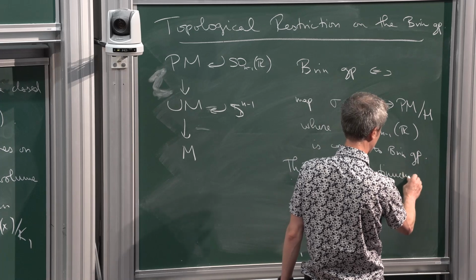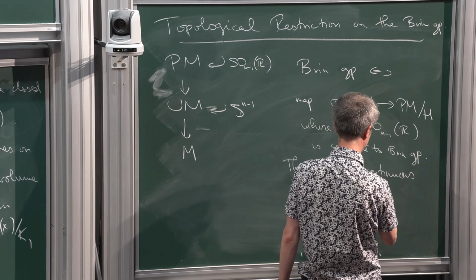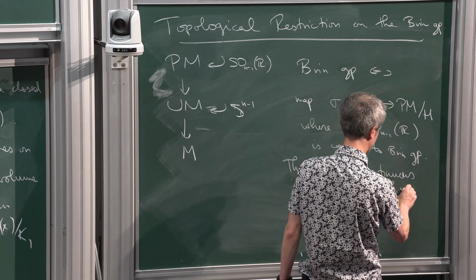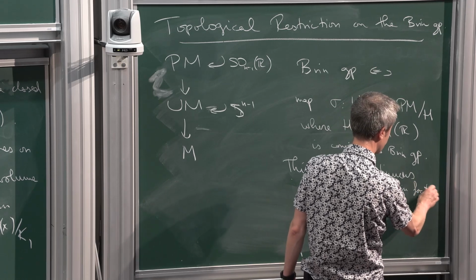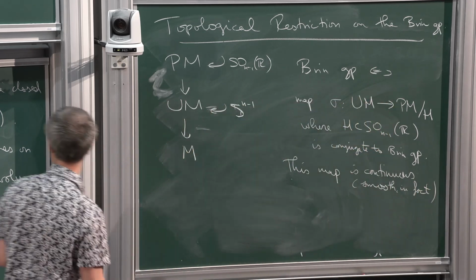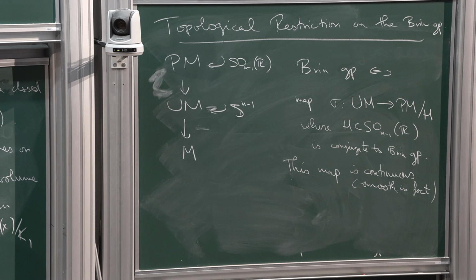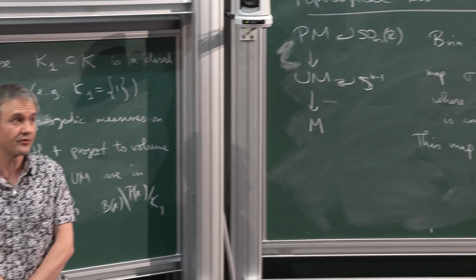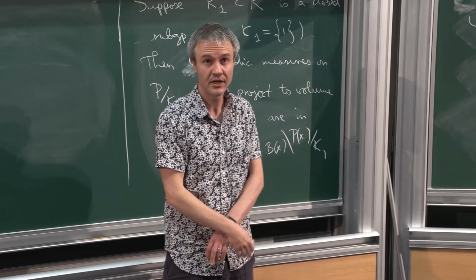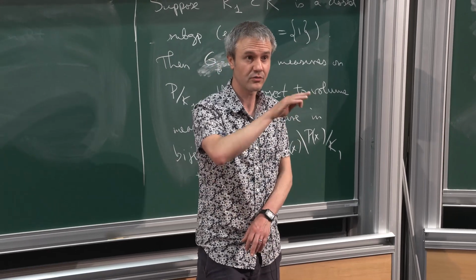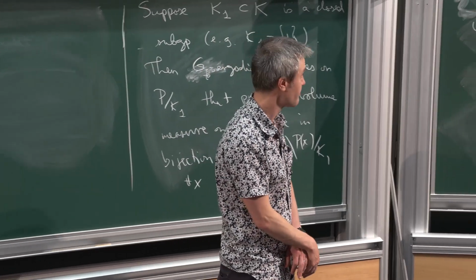So let me say two words about this. Why is it continuous? It's continuous because essentially this set X is closed. So the graph of this map, if you work out the definitions, is a closed subset of this fiber bundle. So a function with closed graph is continuous.